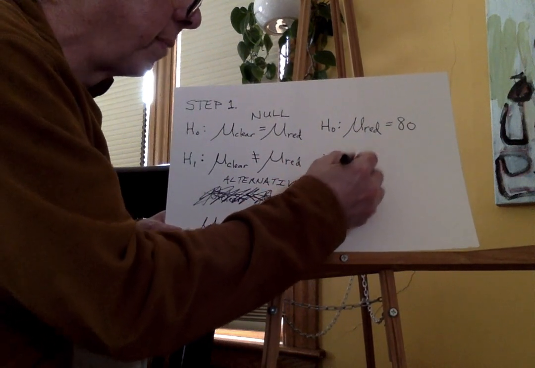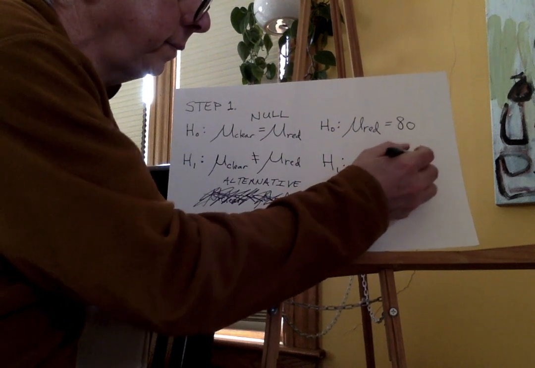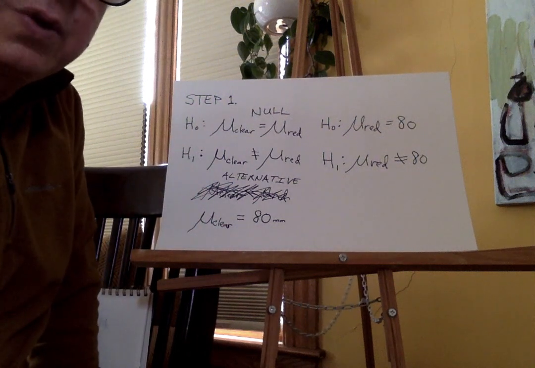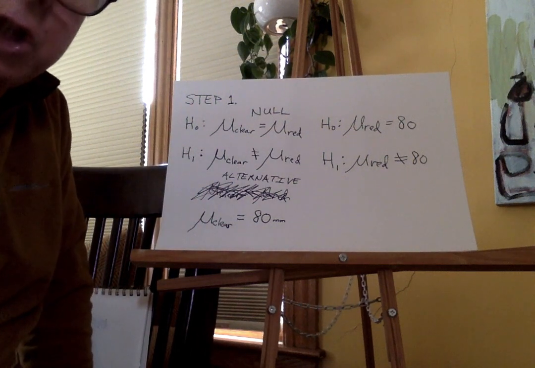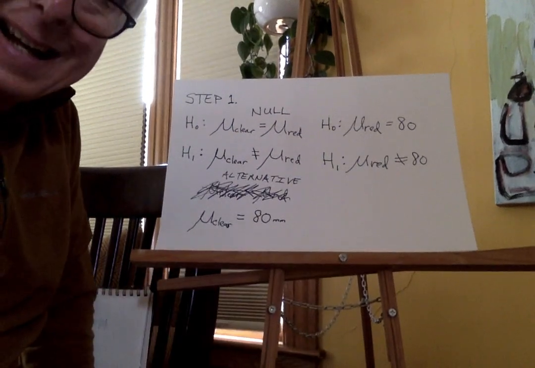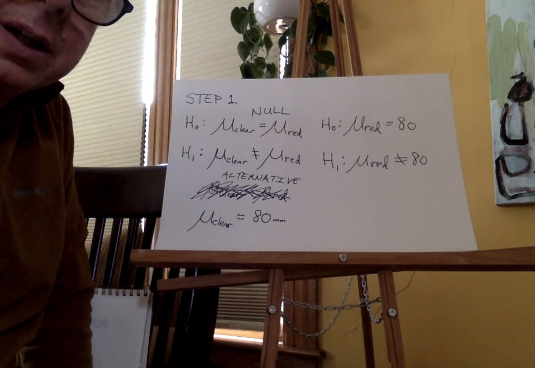Our experimental hypothesis is that if we put red food coloring in the solution, it's going to change the rating so that it's not 80 anymore, okay? It's going to change that rating.